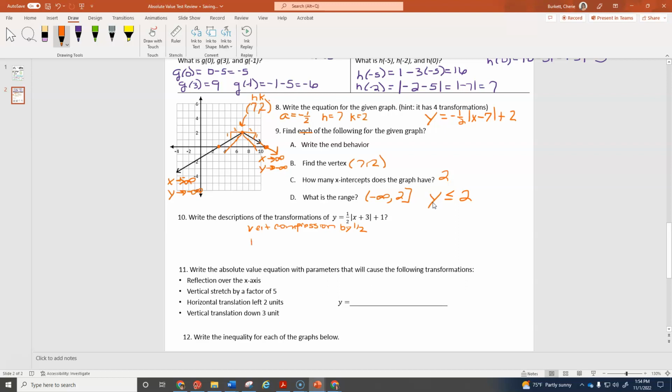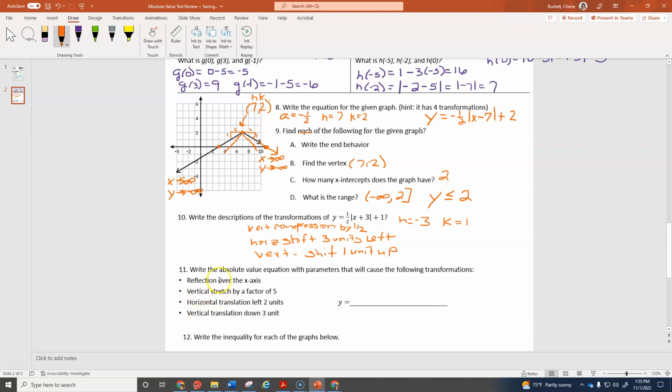It is a horizontal shift, 3 units. Be careful here, to the left, because h is -3 in this case, because while we see a plus sign, h is -3. k is +1, so it's a vertical shift 1 unit up.